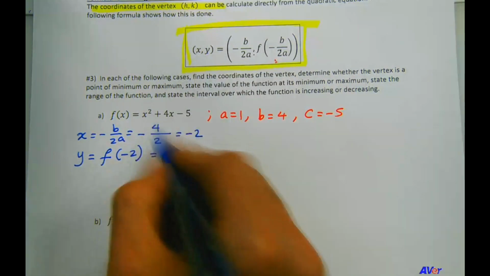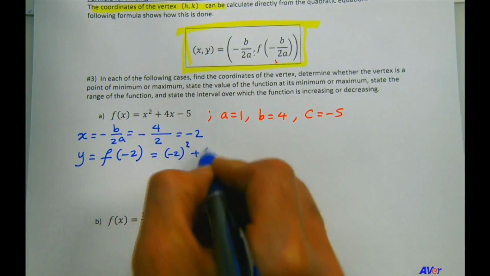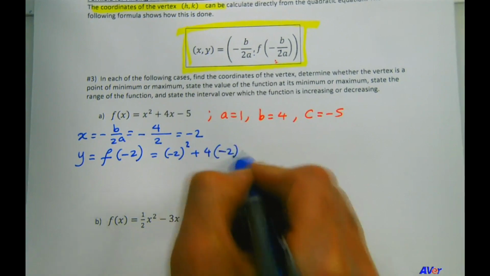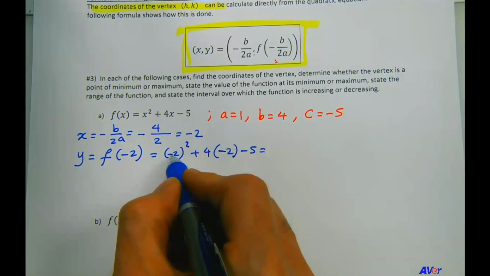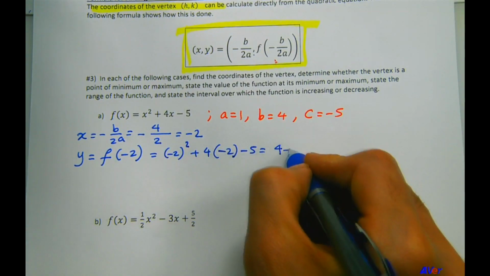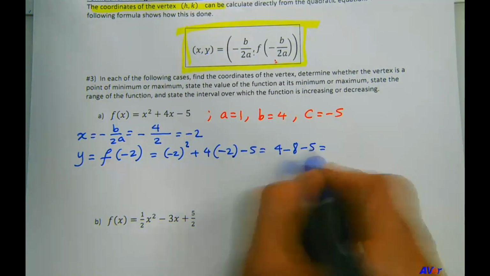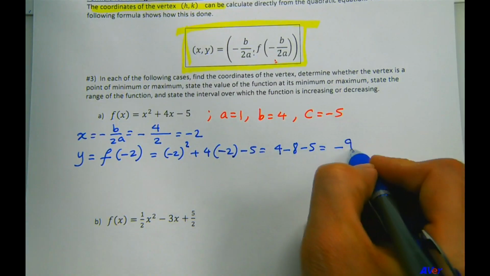So that means, let me substitute for x with -2 here. -2 squared plus 4 times -2 minus 5. What do we have? -2 squared is positive 4. 4 times -2 is minus 8. Minus 5. So we have minus 13 plus 4, we get -9.